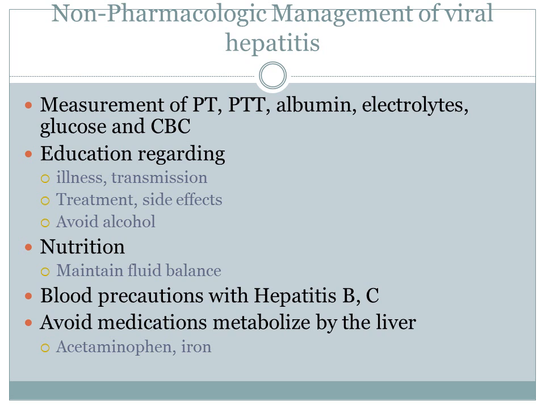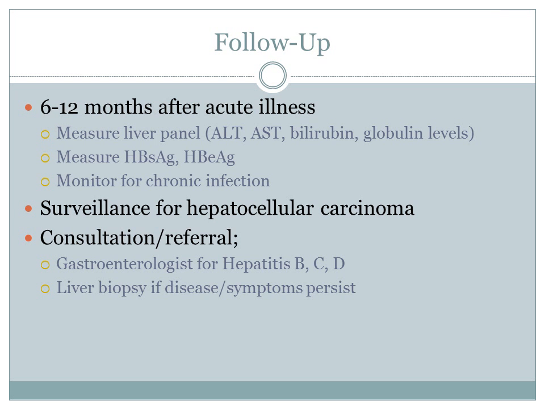Well, we need to keep an eye on the labs, continuous observation of PT, PTT, albumin, electrolytes, glucose, and CBC. Educating the patient regarding illness and transmission, treatment side effects, and the importance of avoiding alcohol and other harmful medications. Maintain a good fluid balance, adequate hydration, adequate nutrition, blood precautions with hepatitis B and C, and naturally avoiding the medications metabolized by the liver, acetaminophen, iron, etc.